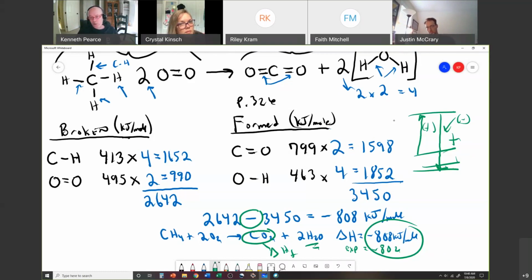But we could take the enthalpies of formation for CO2 and water, add them up, and subtract off the enthalpies of formation for CH4 and the oxygen, which is oxygen's zero enthalpy of formation. Add them up, take the difference, and what do you got? You'll get a number that's somewhere in the 800s. So this is all just coming at it from different directions is what we're doing.